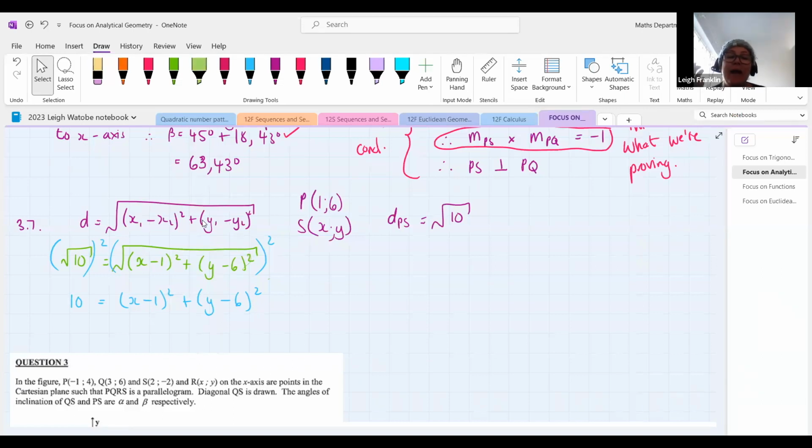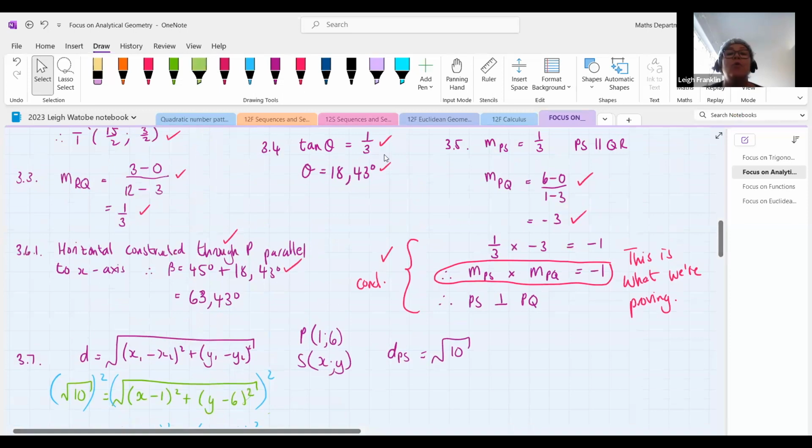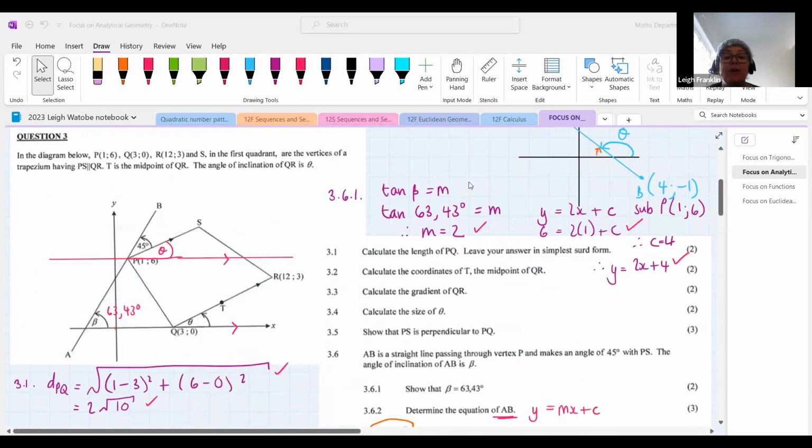So I need a linear equation that I can sub in, either in terms of X or in terms of Y. So this is my first equation. I need another equation. So I'm going to go back and look at the information that I've got. They want the coordinates at S. I know the length of this line.